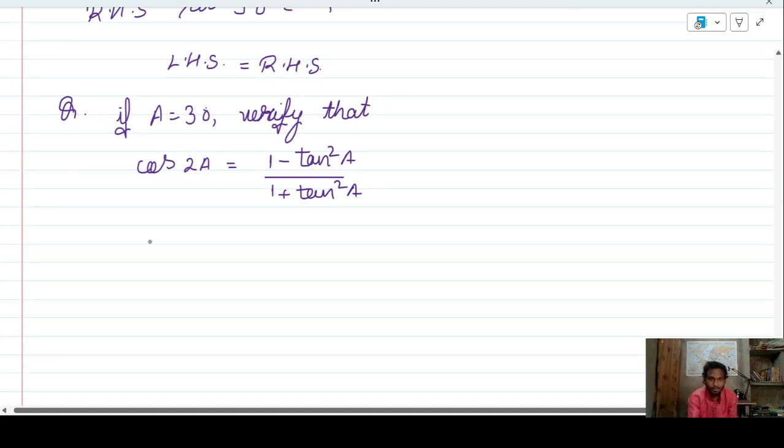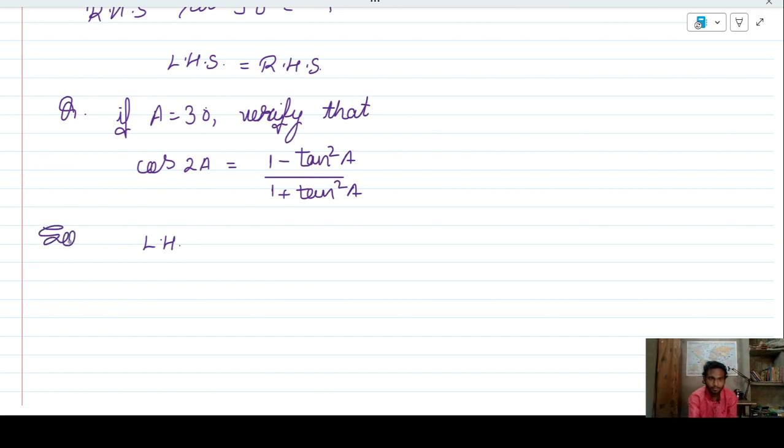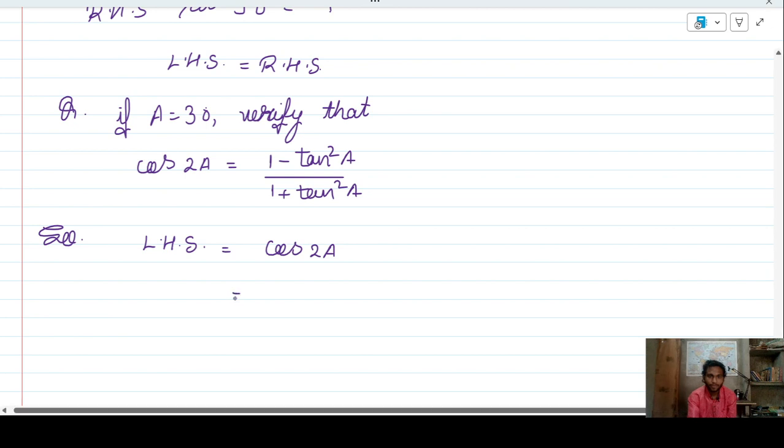Left hand side, we take the left hand side and solve. Equal to cos 2A, and the value of cos 2 multiplied by 30 equals cos 60, and the value of cos 60 is 1 upon 2.